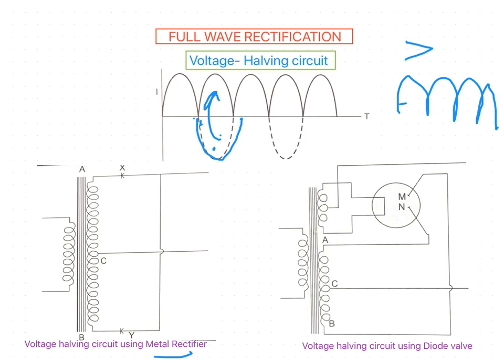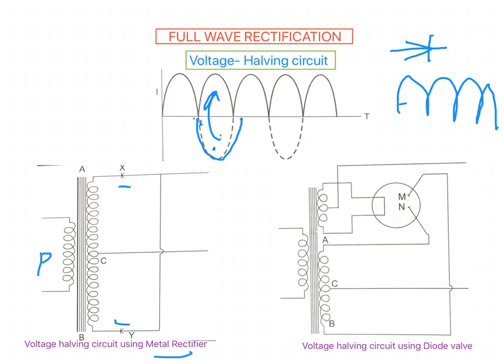As we know, this is the symbol of a rectifier, and the head of the arrow indicates the direction of flow of current. If you see the circuit here, this is the primary coil, and A and B is the secondary coil. X and Y are the metal rectifiers.